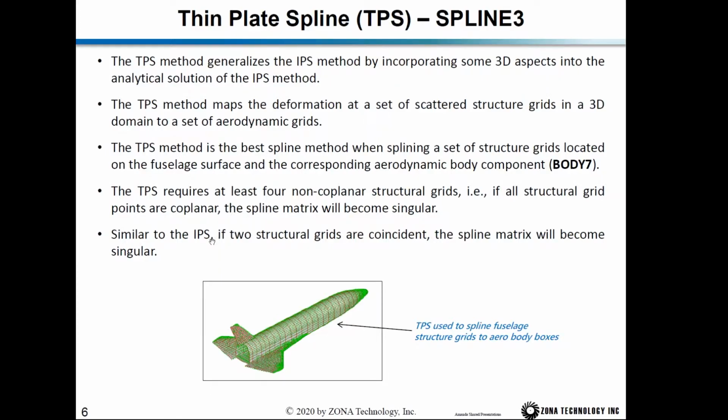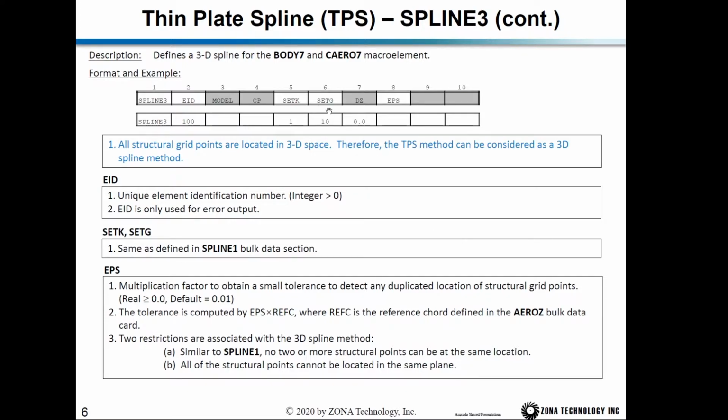And similar to IPS, if 2 structural grid points are at the same location, the spline matrix becomes singular, and it's a fatal error. So the card is called SPLINE3, and all structural grid points are located in the 3D space. Therefore, the TPS method can be considered as a 3D spline method.